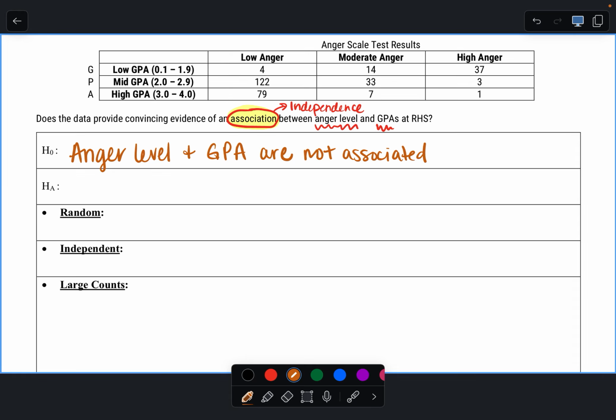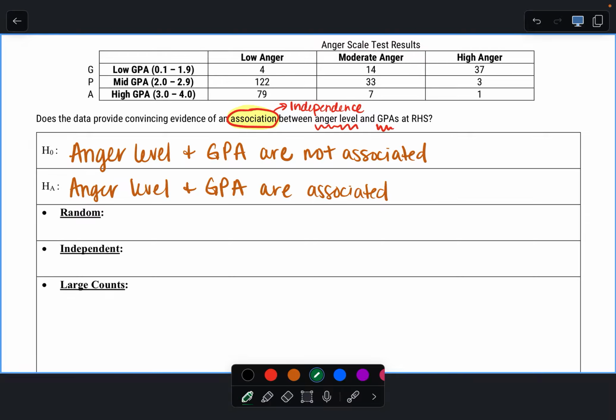Within the hypothesis, you can specify your population. I'm going to do that in my conclusion just to save myself some writing. And then in my alternative, anger level and GPA are associated, because that would be more interesting, which is usually what the alternative hypothesis is in the case of chi-square.